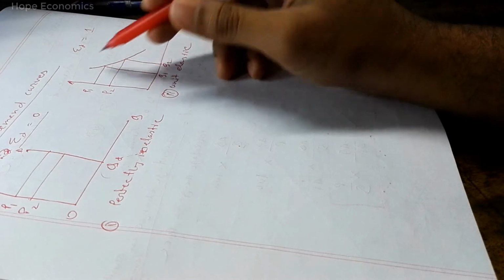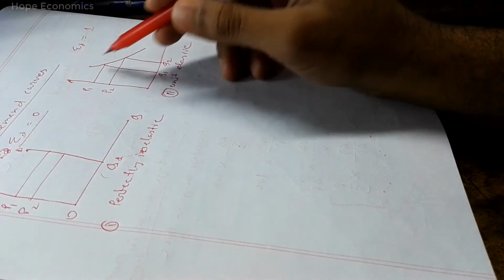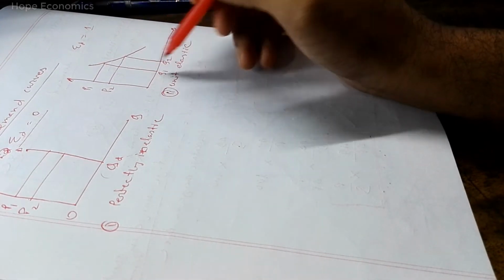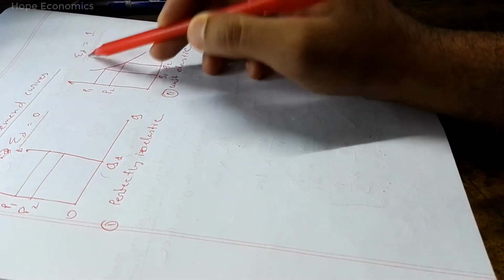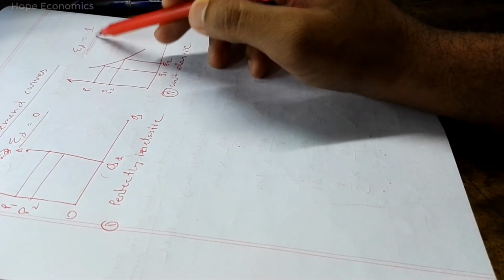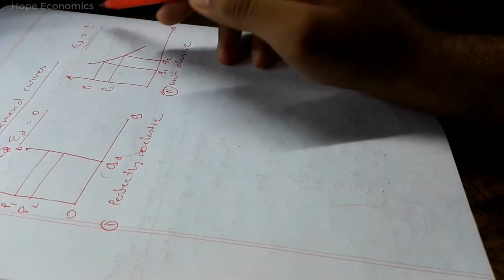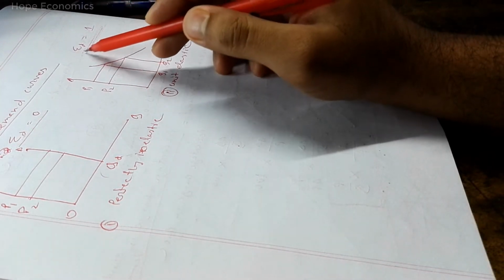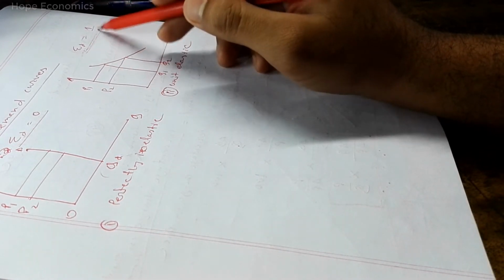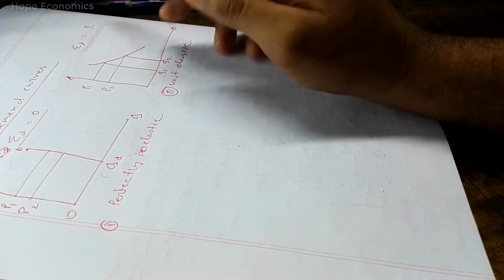Both are remaining the same, and it's quite flat in the middle point where the ED is equal to 1. This is what unit elastic means, where the elasticity of demand is 1.